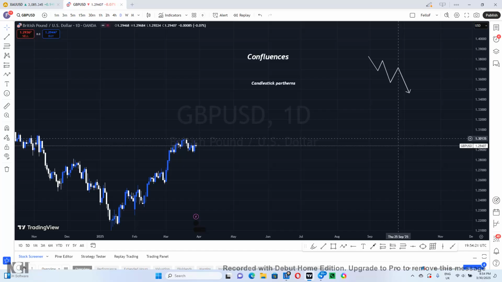We have different candlestick patterns, but let me tell you the ones I use. I use engulfing candlesticks.